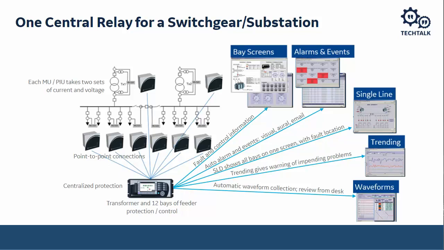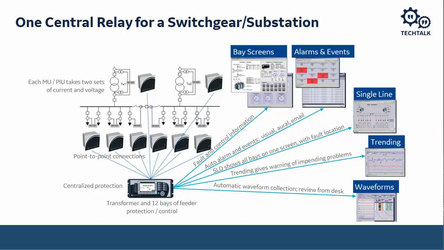In this case, this would be a B30. But this sort of shows the functionality of having a near gear HMI and having a single device for the DCS system to interface with.